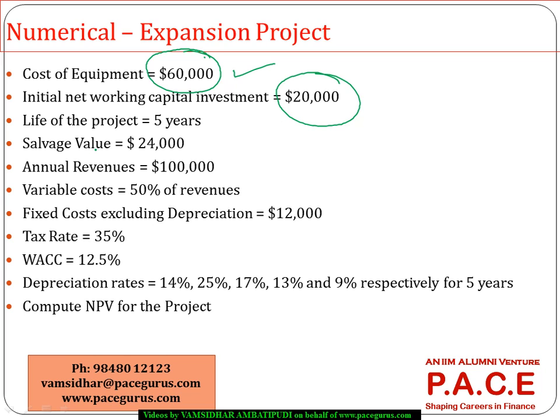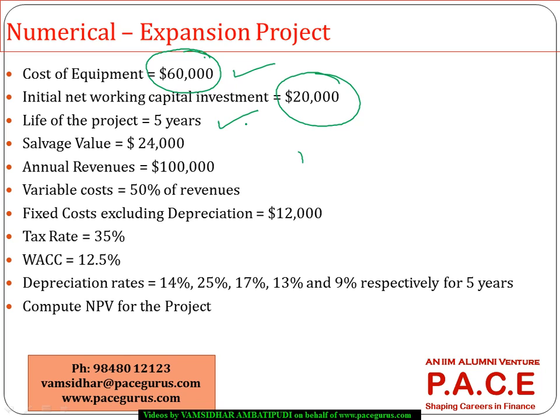Next, this project has a life of 5 years, so I am planning to prepare the cash flows and the financial statements for the 5 years. The salvage value is 24,000.